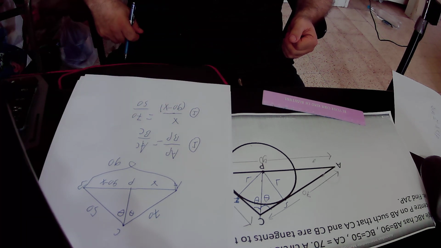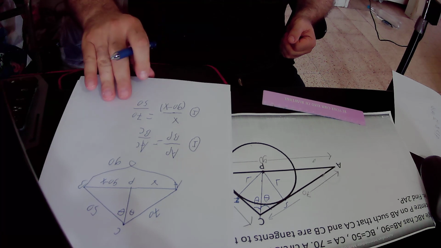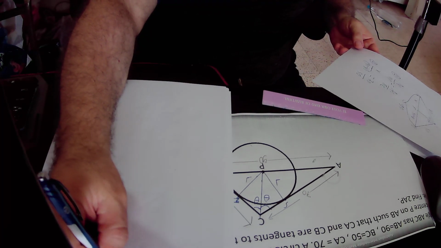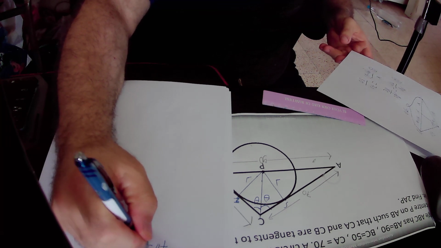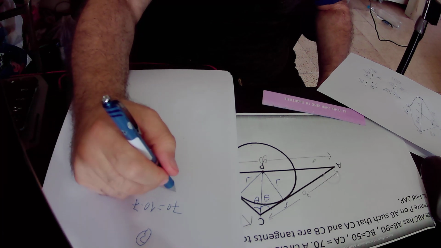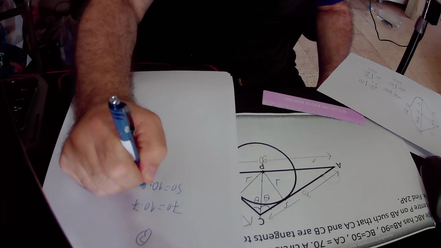Actually, 70 equals 10 times 7, and 50 equals 10 times 5.